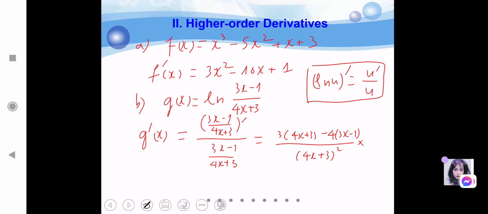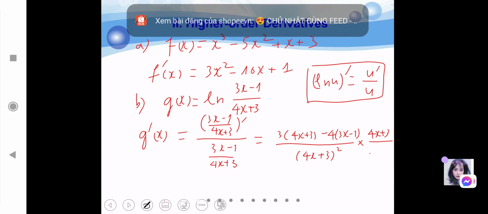That means we multiply by the reciprocal, (4x plus 3) over (3x minus 1).